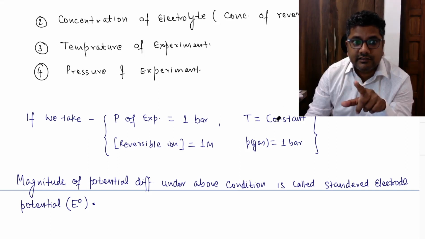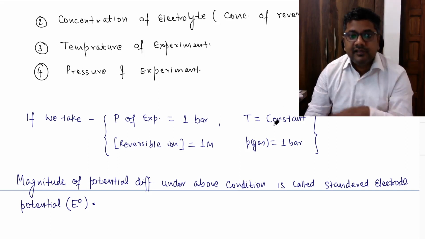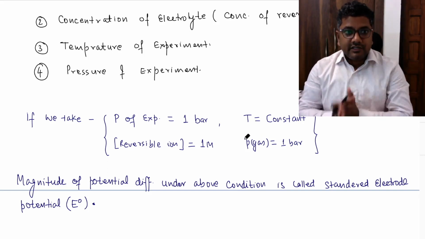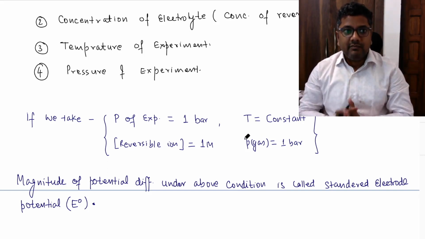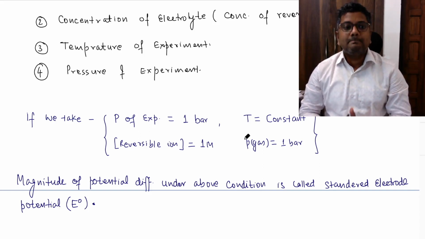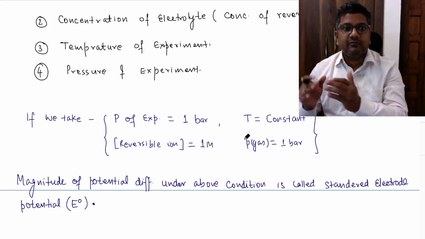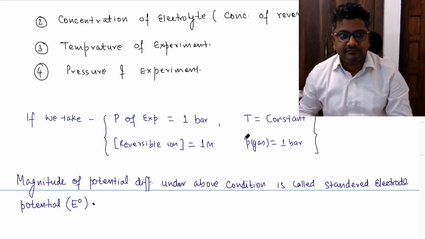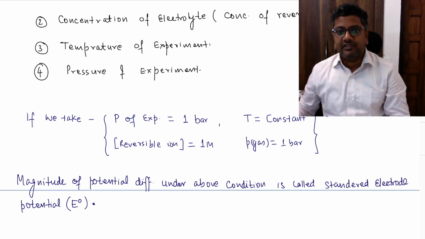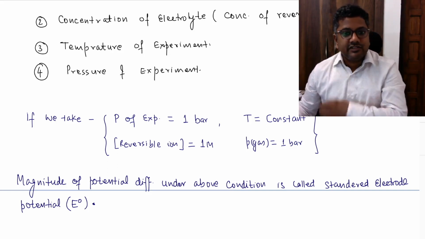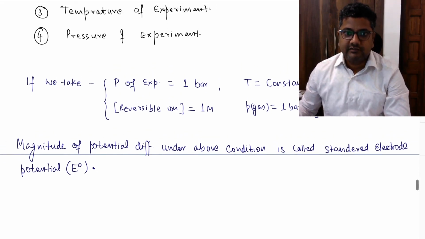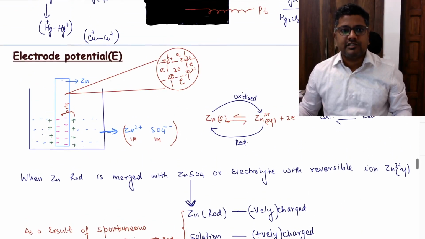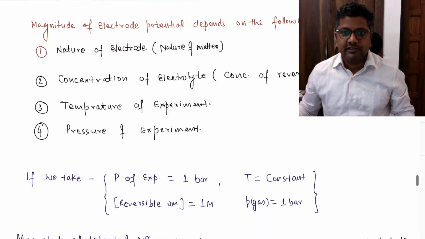Now clear? So for any given electrode, standard electrode potential may have 2 or 3 different values, but definitely at different temperatures. So hopefully all of you are clear what is electrode potential and what is standard electrode potential, E naught.